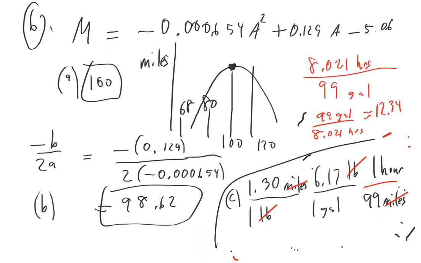And that would be gallons per hour. So when you're flying the airplane at that speed of 99 miles per hour, it would use about 12.34 gallons of fuel every hour. Perfect. Now let's try problem 7.